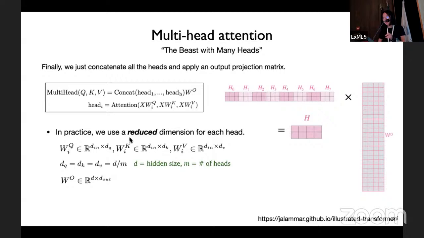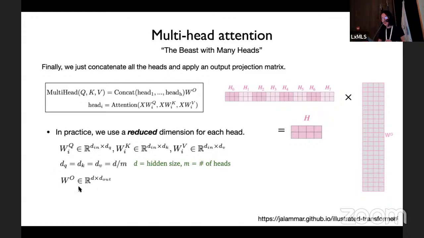So let's say the original dimensions are DQ, DK, and DV. By default, let's say the hidden size is D, and M is the number of the heads. We just need to set DQ, DK, and DV as the same dimension of D divided by the number of the heads.